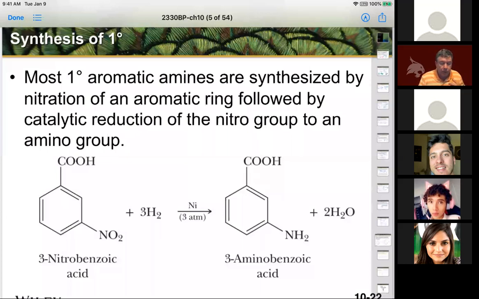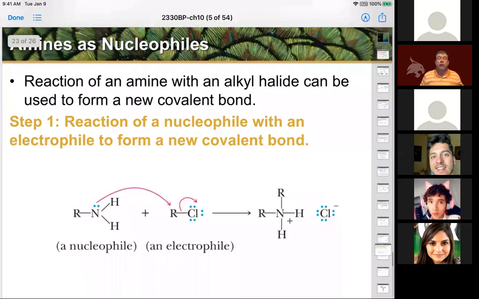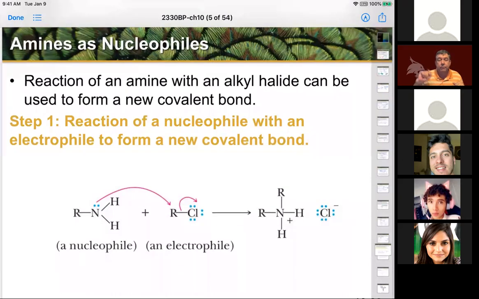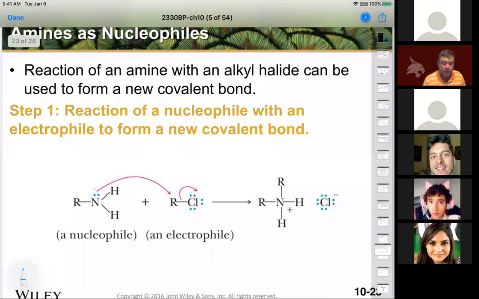Okay. So I said it's kind of hard to make primary amines. Well, what if we wanted to just do nucleophilic attack? We saw that amines act as nucleophiles and that we can use them to attack things, displace a leaving group and form a new carbon bond. So if we did that, the first step of that reaction would be our lone pair acting as our nucleophile to reach out and grab at this carbon right here to create a new sigma bond.